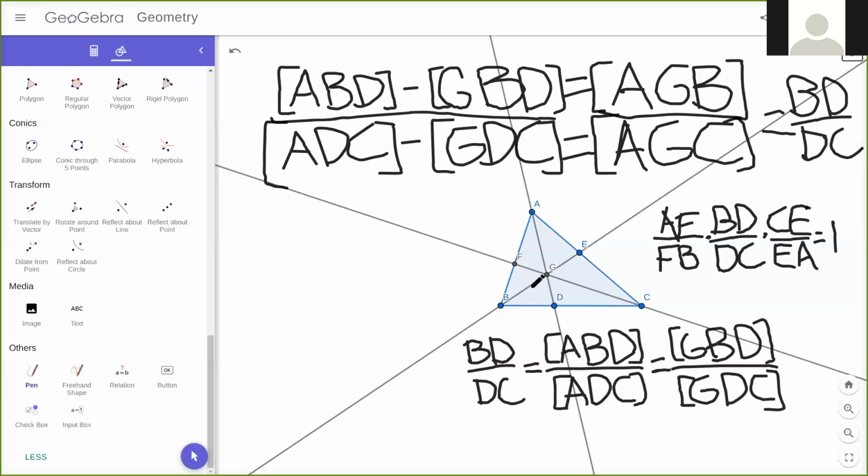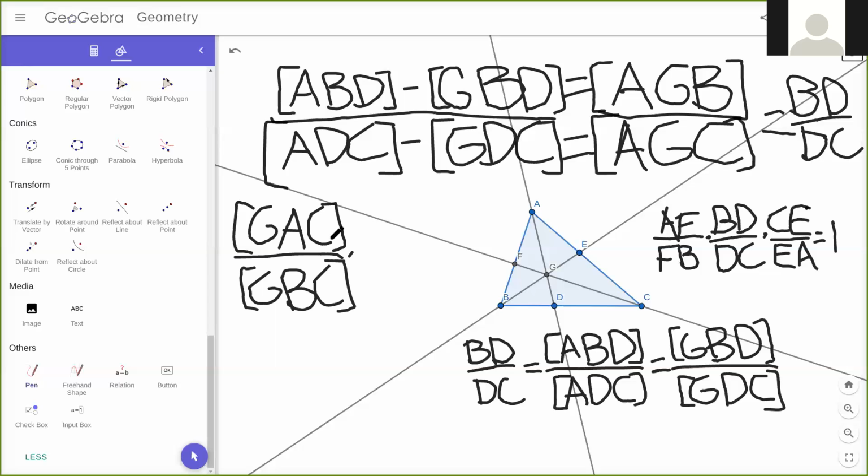So AF over FB turns into the area of this triangle, AGC, over the area of this triangle, GBC. So GAC over GBC times, as we said before, BD over DC is AGB over AGC. So I'll just write it with the G first to be consistent.